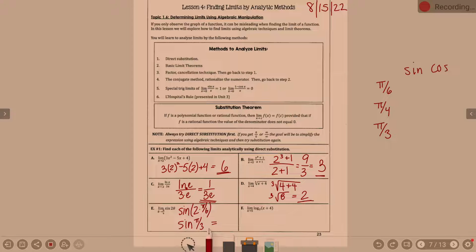It was sine and cosine, right? My brain knows 1/2 is right there, and then 1/2 is right there. If I know 1/2 is right there, I know my other piece is square root of 3 over 2. So that's what I need right there.